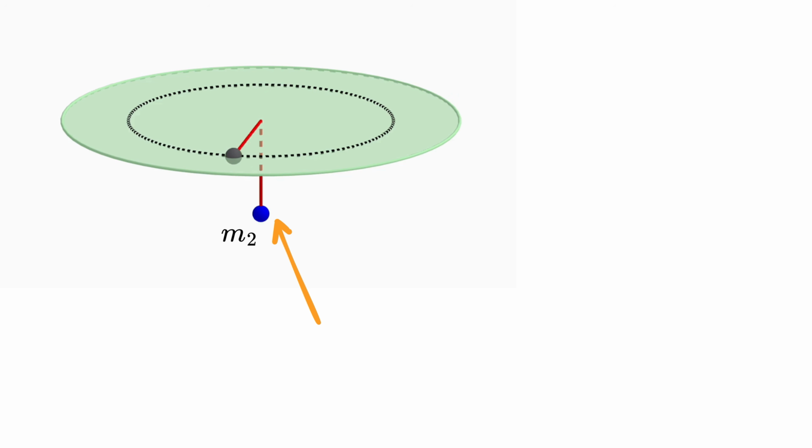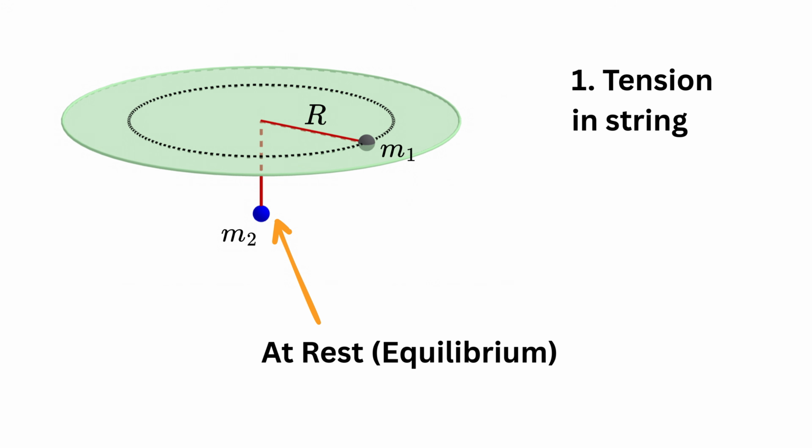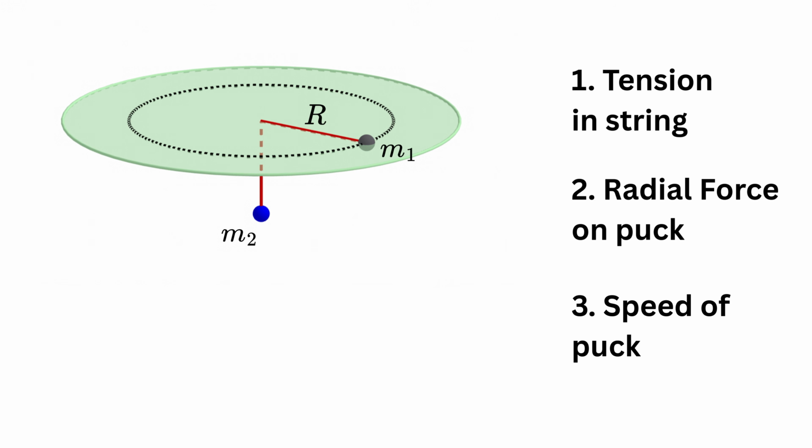The main thing to note is that the hanging mass remains at rest in equilibrium while the puck continues its uniform circular motion. Using this setup, our task is to find the tension in the string, the radial force acting on the puck, and the speed of the puck, all expressed in terms of the given variables and the acceleration due to gravity g. So, can you solve it?